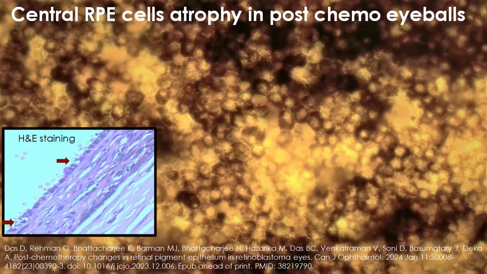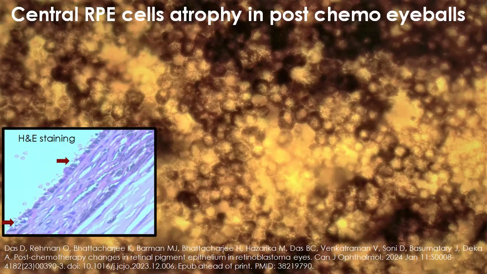Why did we miss it in 100 to 150 years of ophthalmic pathology? Because we were looking at H&E sections, pupil optic nerve sections, where the RPE is a monolayer, and we ignore these complications.